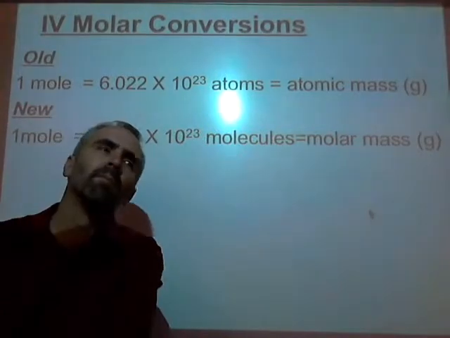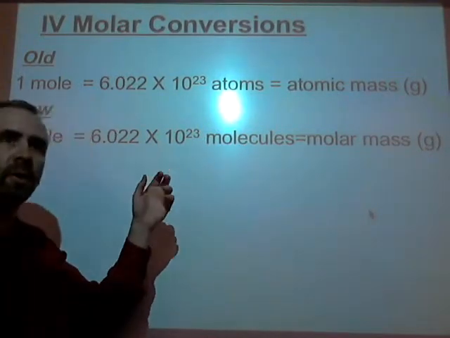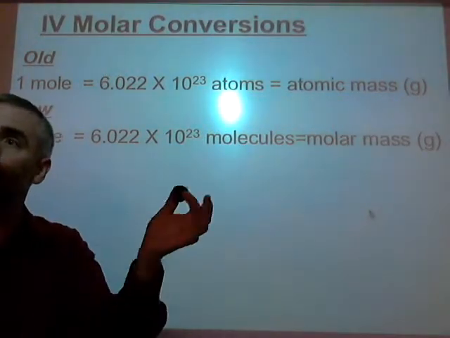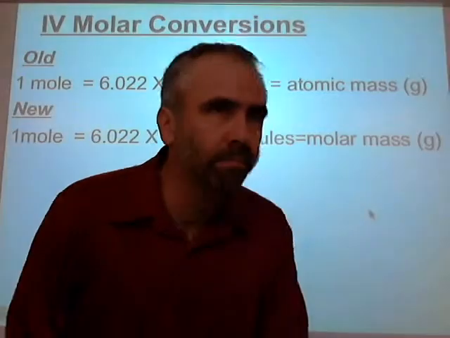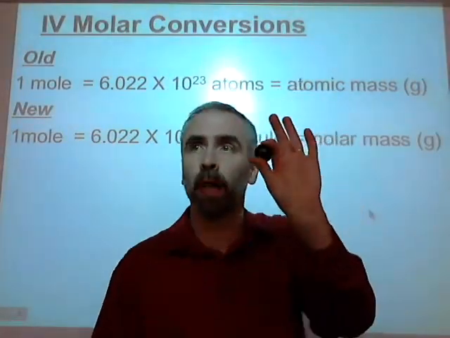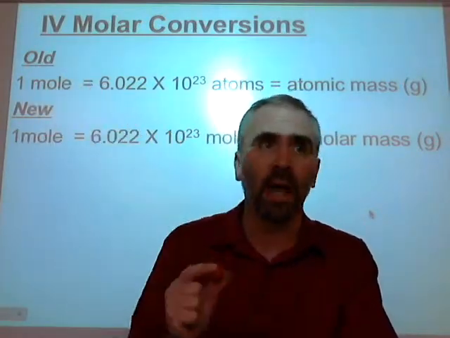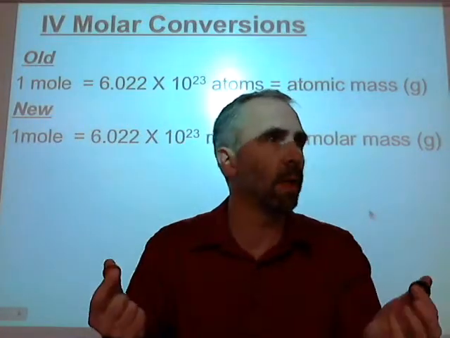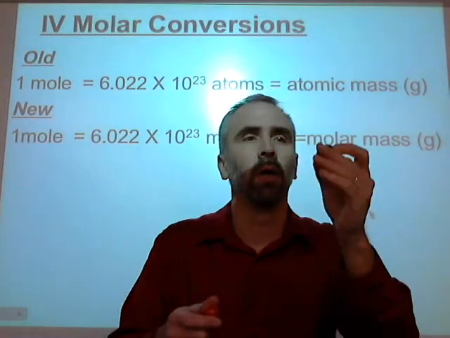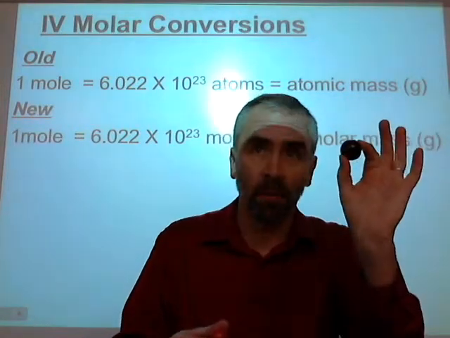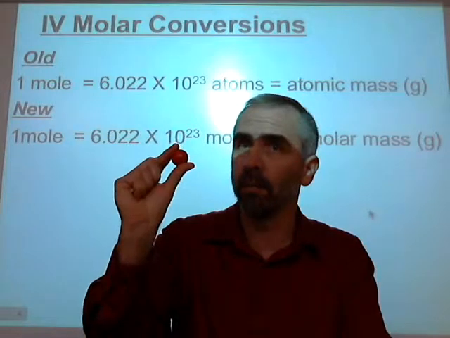How could I have 6.022 times 10 to the 23rd carbon atoms, and 6.022 times 10 to the 23rd oxygen atoms, and yet when I put them together, I don't have double that?